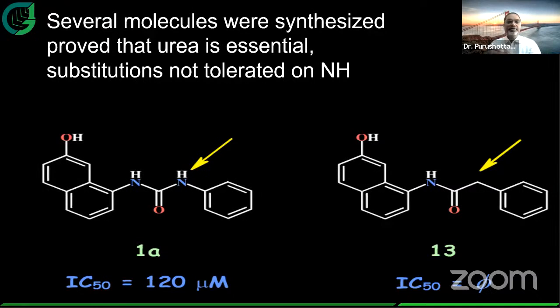See, here the small modification indicates that the NH, either this heteroatom N or hydrogen, is involved in direct bonding with the ligand. This is a very important aspect in structure-based drug discovery, because you are not every time going to see how your molecule is binding to the enzyme.